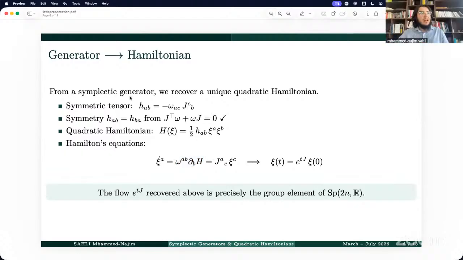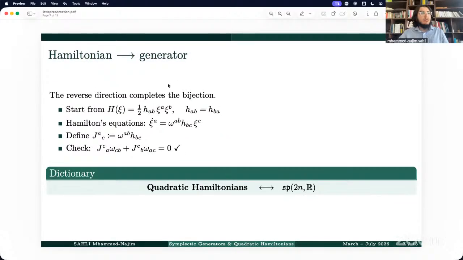And then that was only one side of the equivalence that I wanted to show. If we want to go the other way, beginning from an arbitrary Hamiltonian described as such, we can see that this Hamiltonian is symmetric. And then if we want to derive Hamilton's equation, we get this expression, a matrix actually, because we have an A here, a C there, and the B's are just saturated.